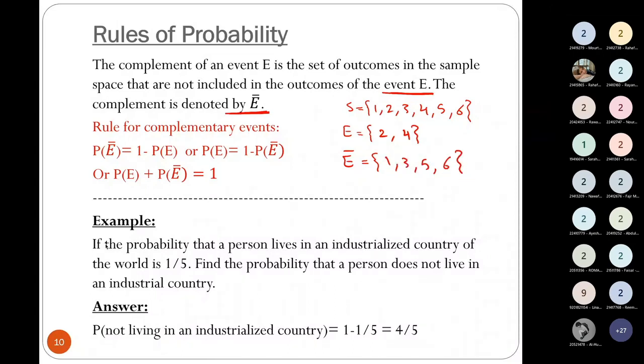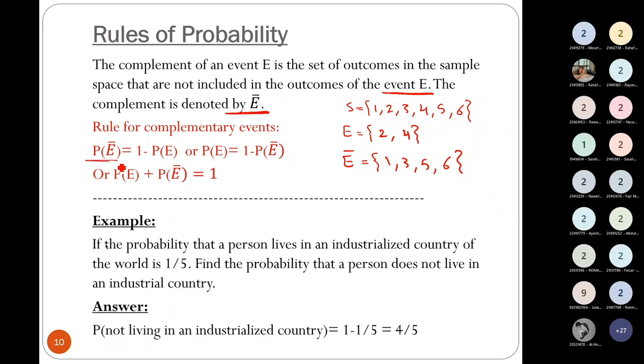The intersection between E and its complement equals empty set. So the E union E complement must be the sample space.